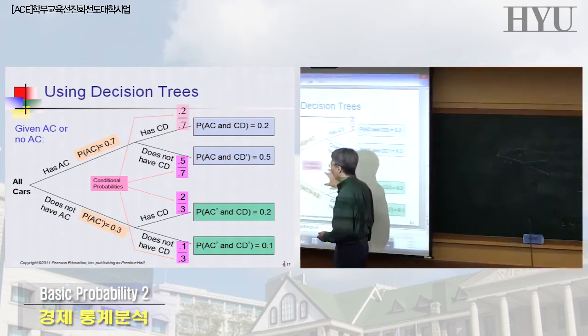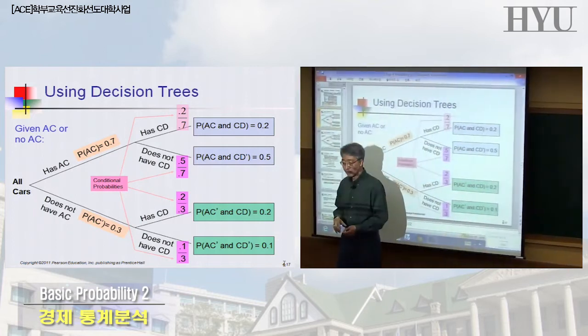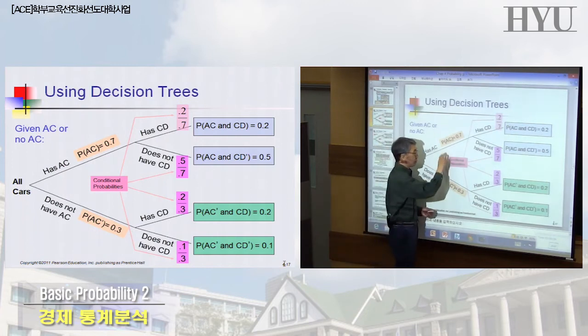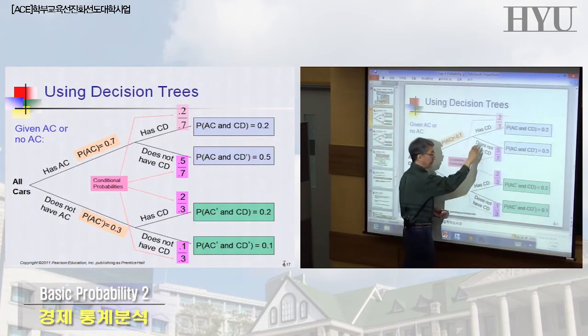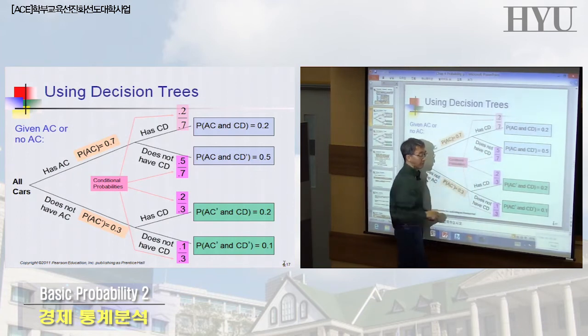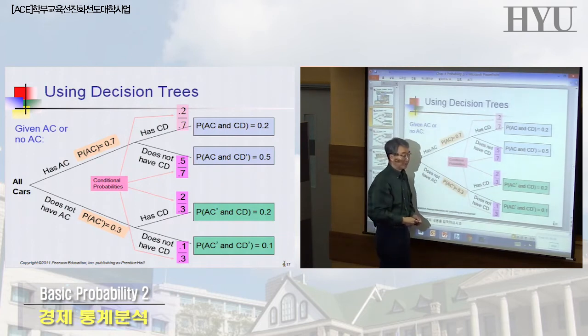But in this case, because the two events are not independent, you have to do marginal probability times, what are these? Conditional probability, right?